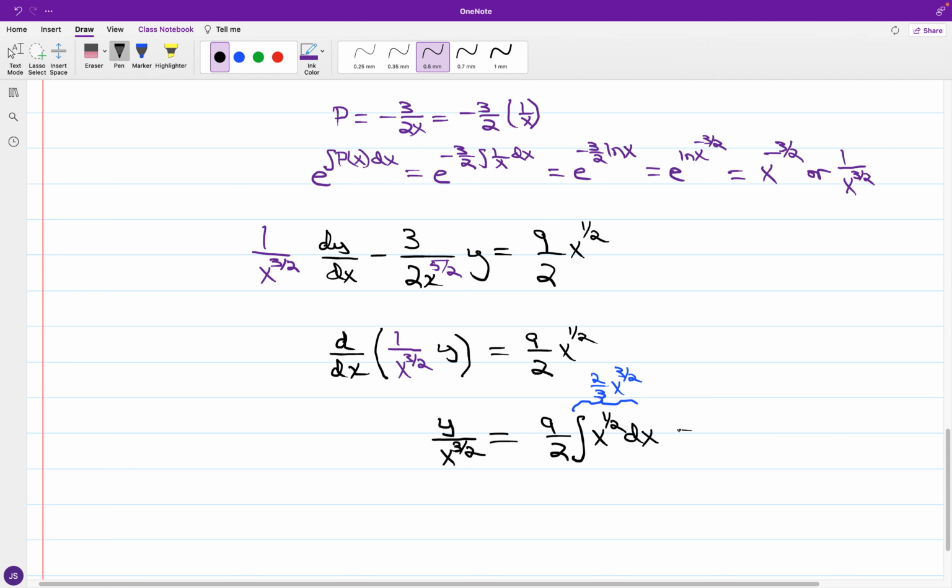And for what we have in the follow through, we have 9 halves of 2/3, so that will be 9/3 or 3 times x to the 3 halves, followed by the constant, and multiplying by x to the 3 halves, we have that y is equal to 3x cubed plus c times x to the 3 halves.